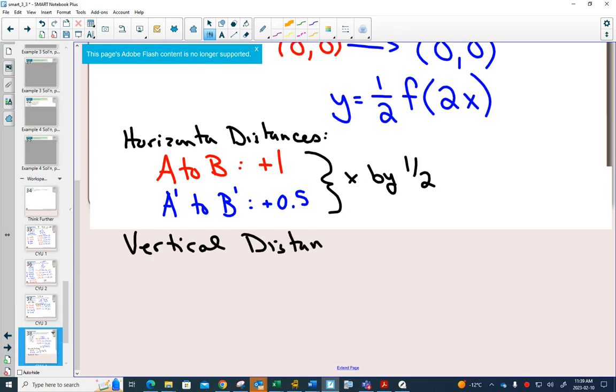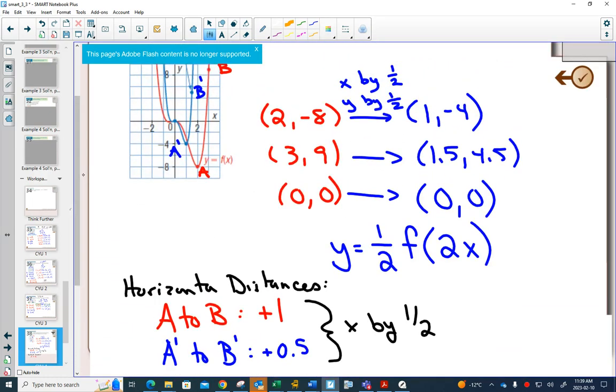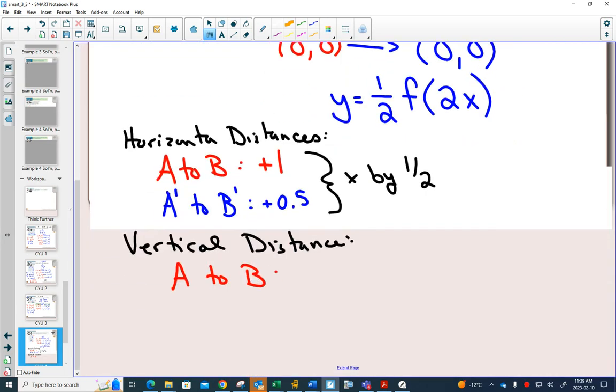Same thing, I'll go to my red graph first, my original first. From A to B. Well, A is starting at -8, and it goes up to B, which is at +9. We will have gone up 17 units. Then I check from A prime to B prime.